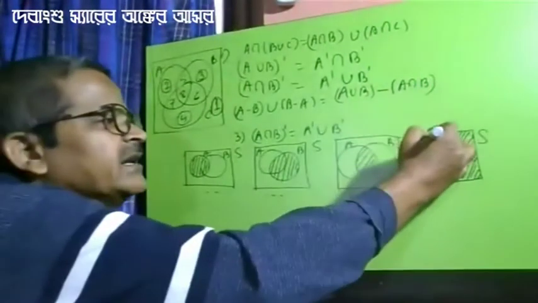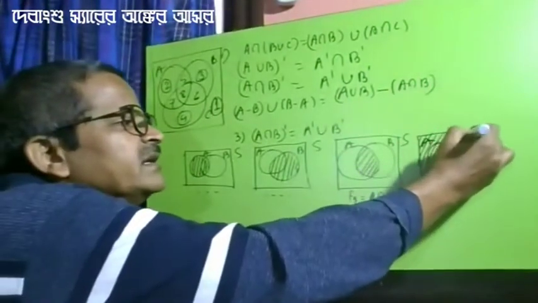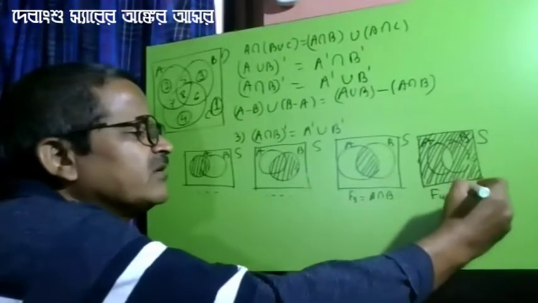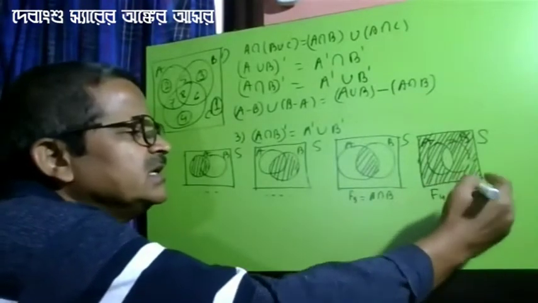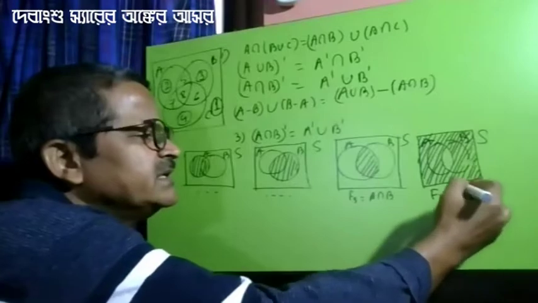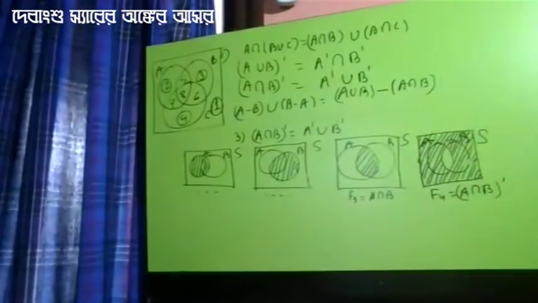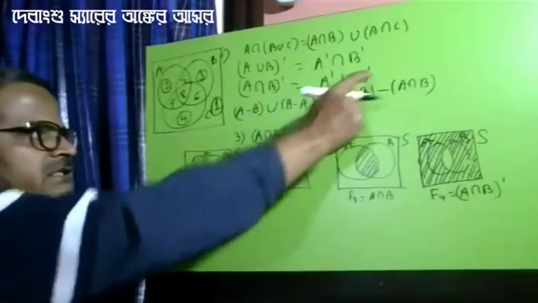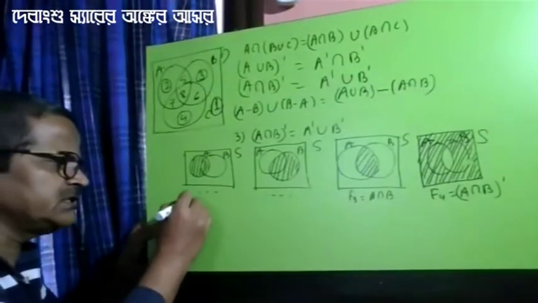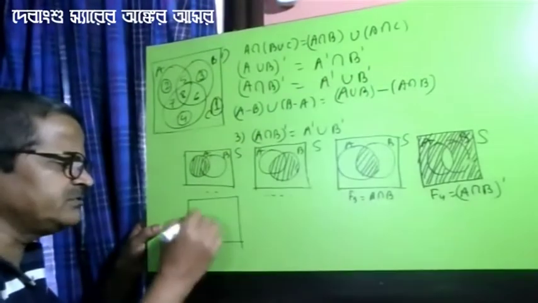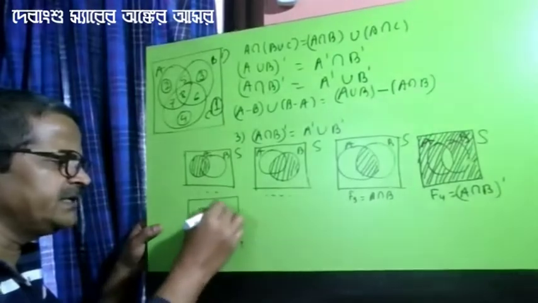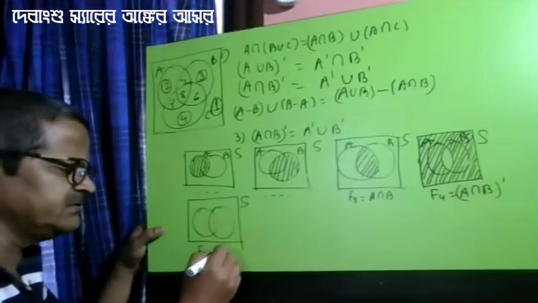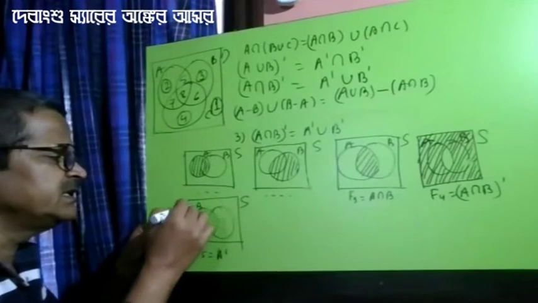Now A and B are there. So F4 is equal to the complement of A intersection B. Next I have to construct this set. To construct this set, I have to draw A complement and B complement first. F5 is equal to A complement.